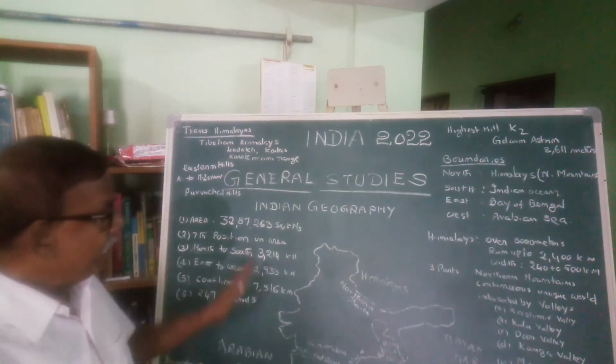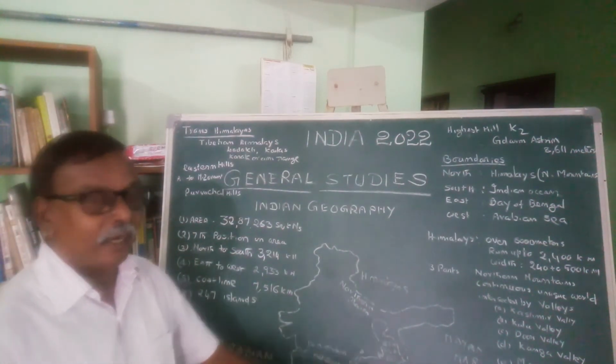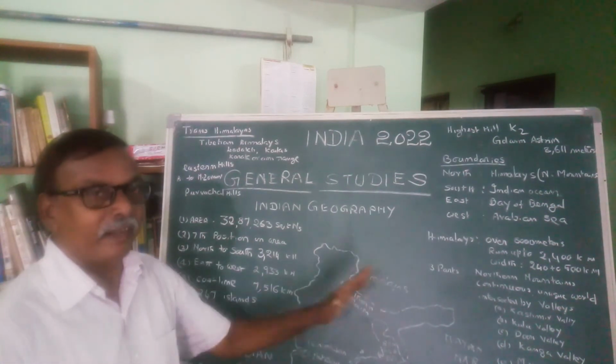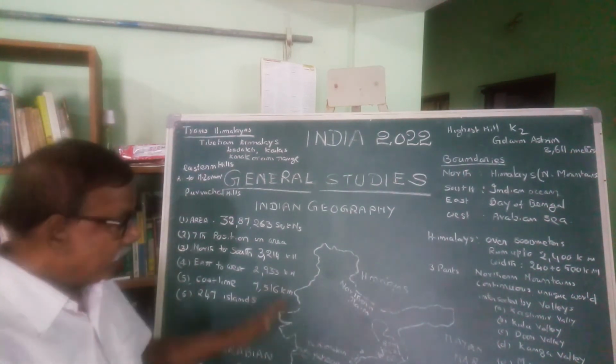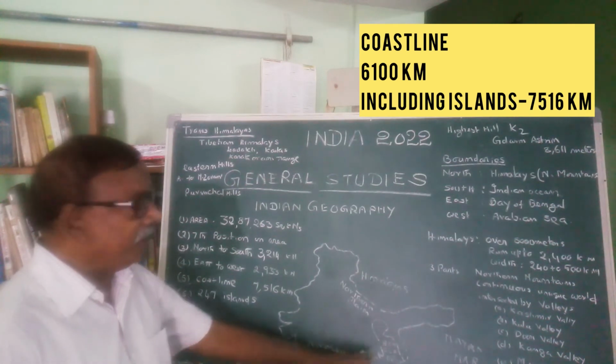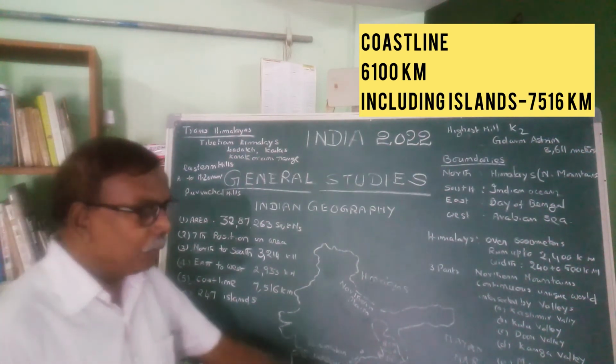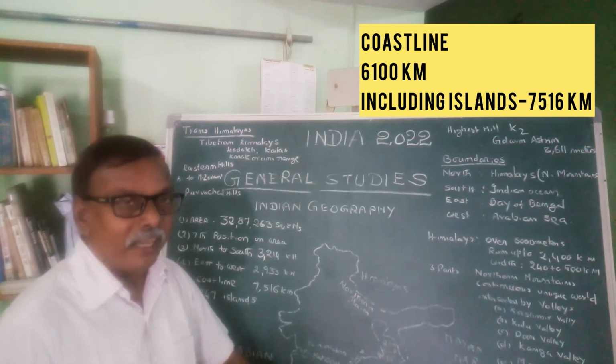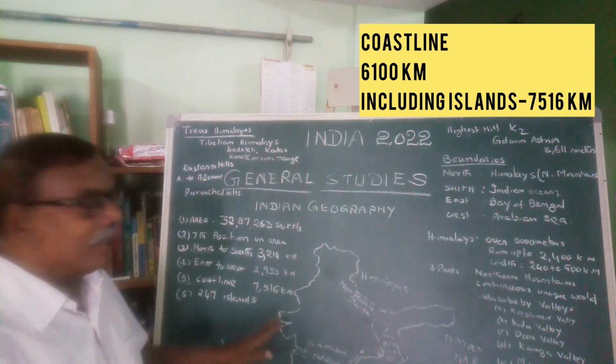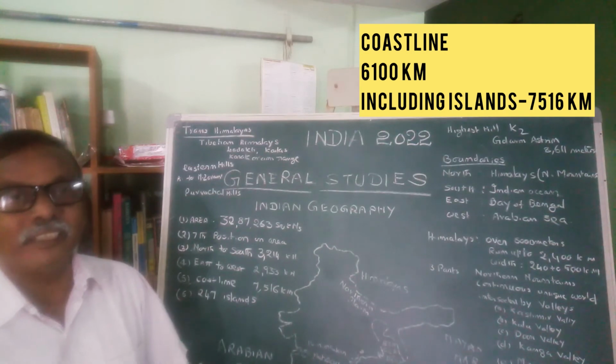When we look at these islands and also the coastal area, the coastline without islands is 6,100 kilometers, and including the coastline of these islands, it is about 7,516 kilometers.